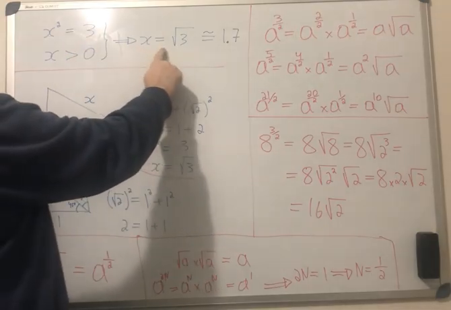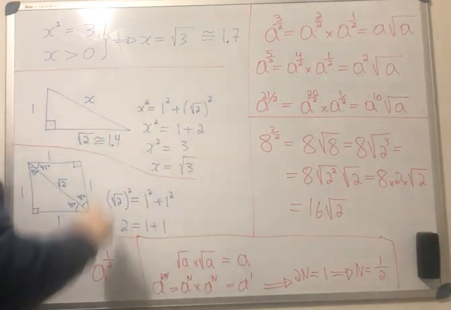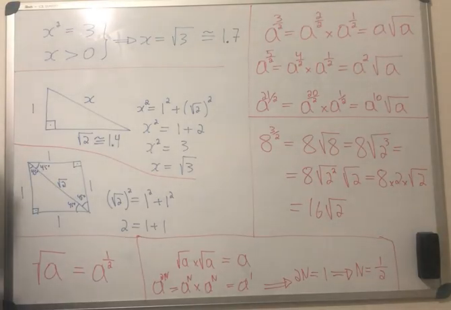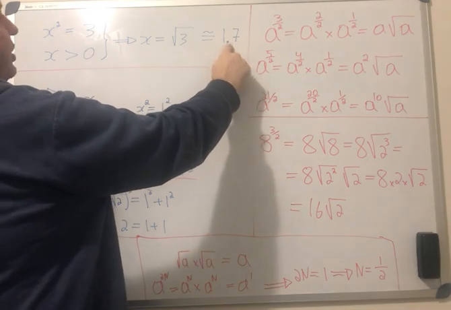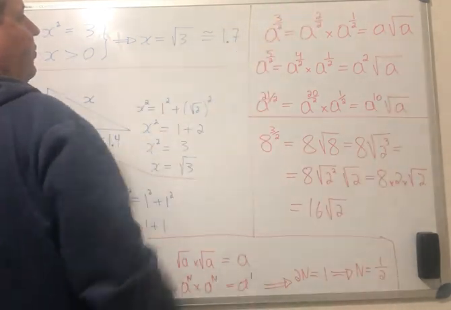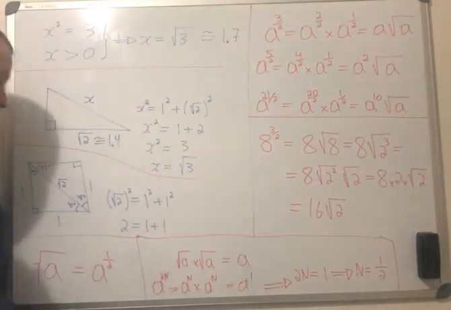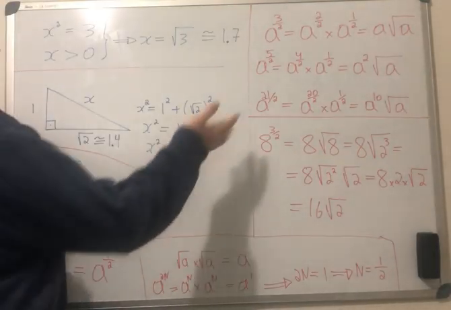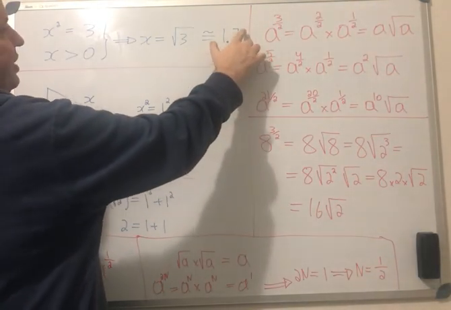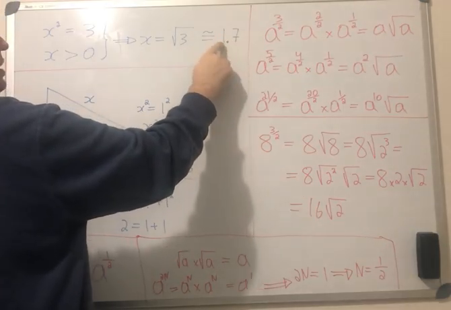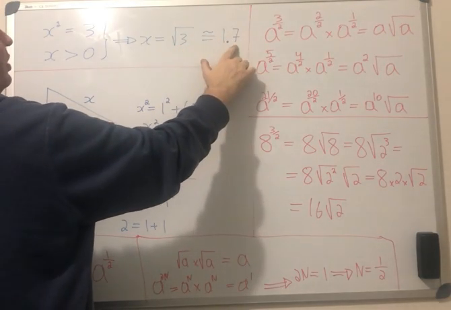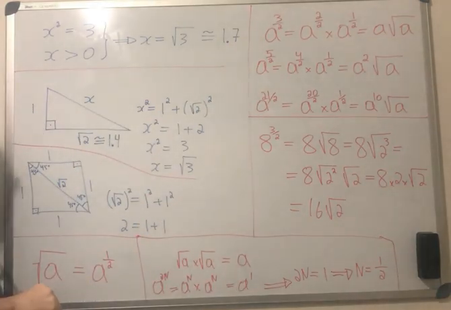We're going to call this number the square root of 3, and it's an irrational number, so its decimal expansion goes on forever without any periodic part, and we can approximate it by 1.7. There are of course more digits, but I can truncate and approximate. This is approximately 1.7 with one decimal place.